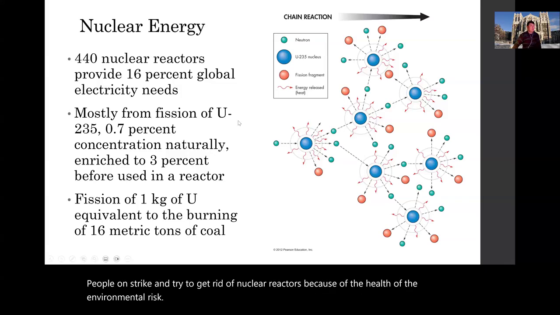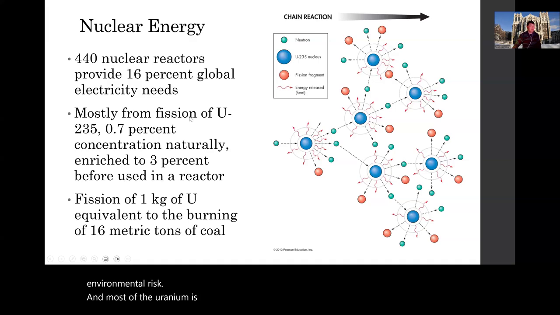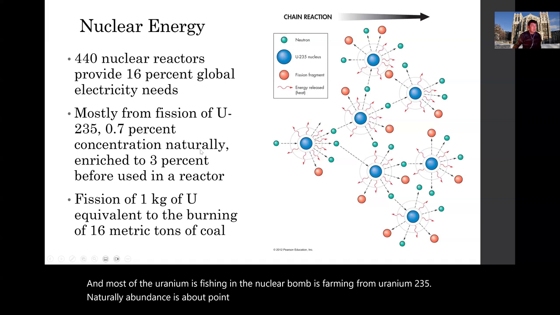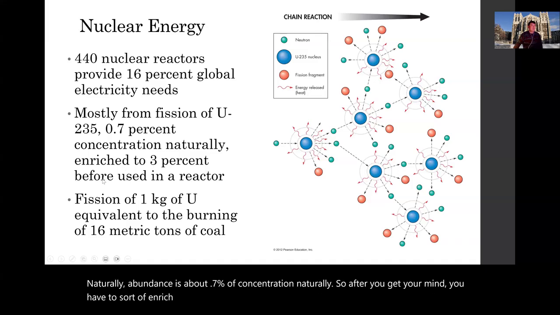Most of the uranium fissioned in nuclear reactors and bombs is uranium-235. Its natural abundance is about 0.7%. So after you mine uranium, you have to enrich it to at least about 3% before we can use it in a reactor.